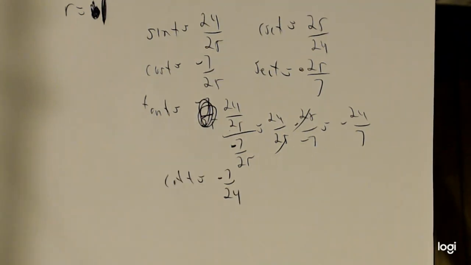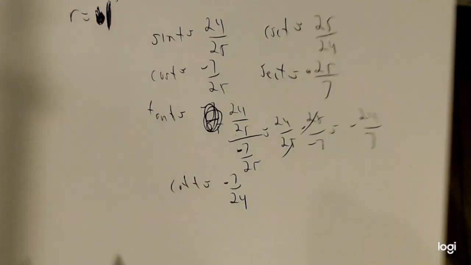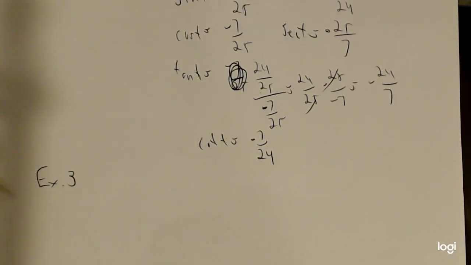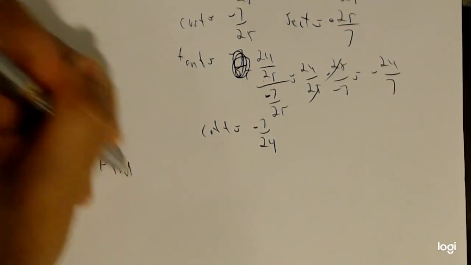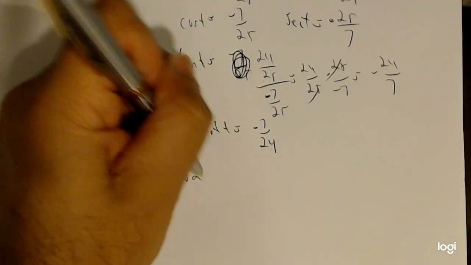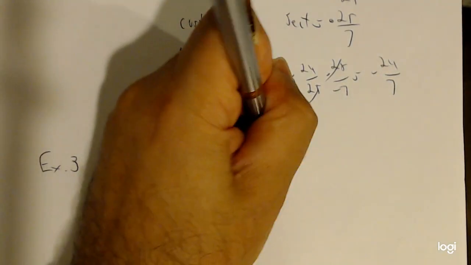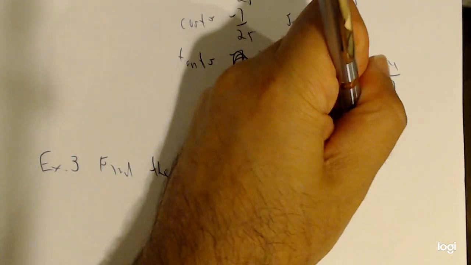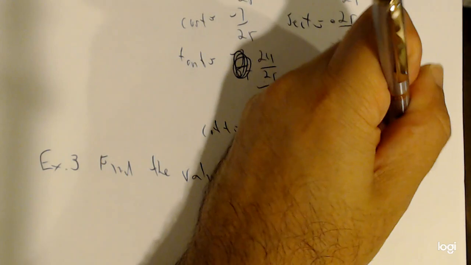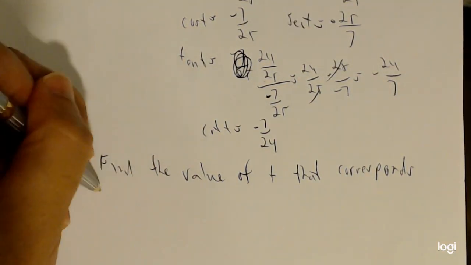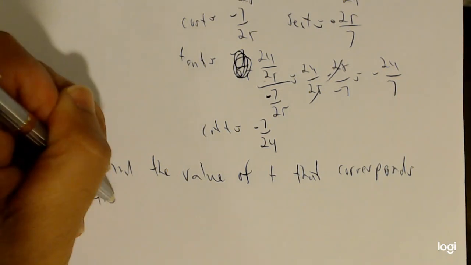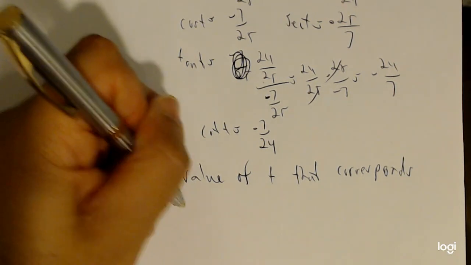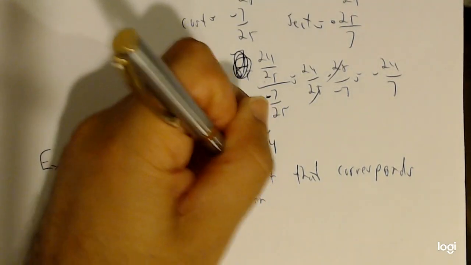So let's move on to example 3. For example 3, now we're going to work backwards. We're saying find the value of t that corresponds to the given function value.